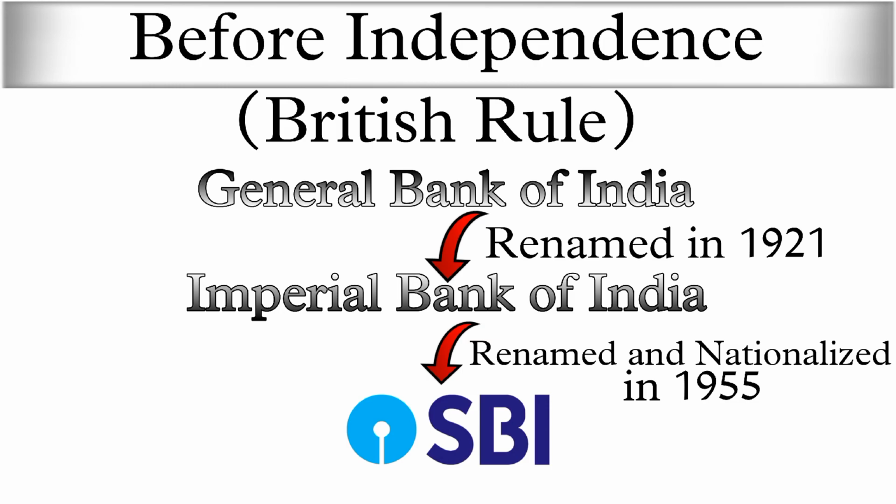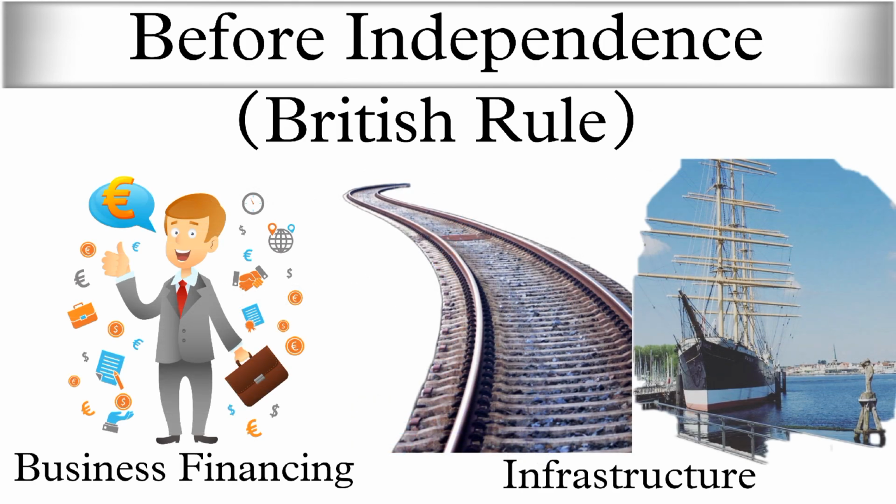During the early 20th century, the Indian economy experienced significant growth, and banks played a crucial role in facilitating this growth. Banks provided financing to businesses and entrepreneurs, and they helped to create a stable financial system that supported economic growth. Banks also played a critical role in the development of infrastructure, including the construction of railways, roads, and ports.